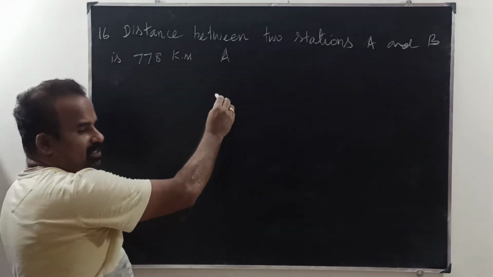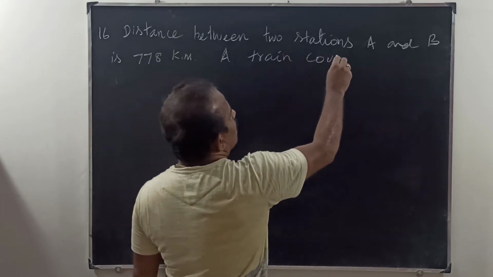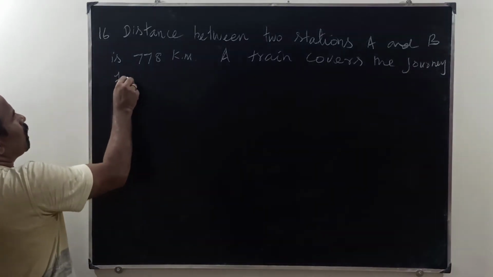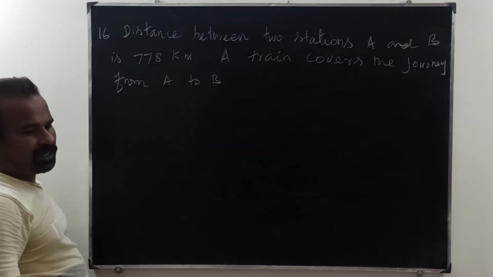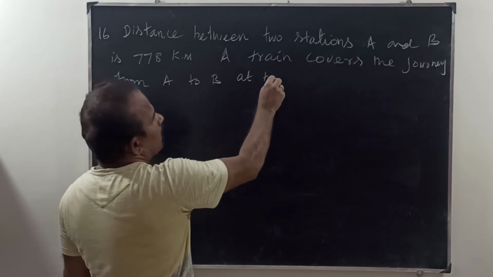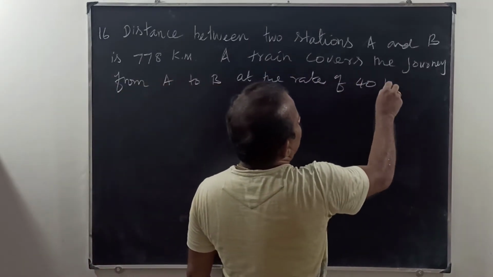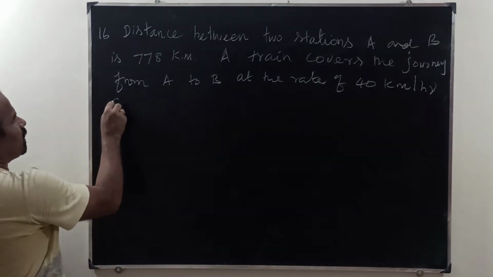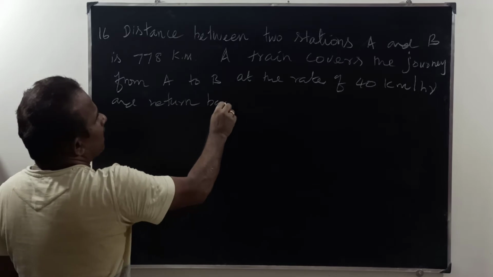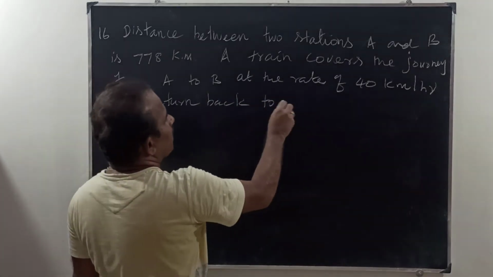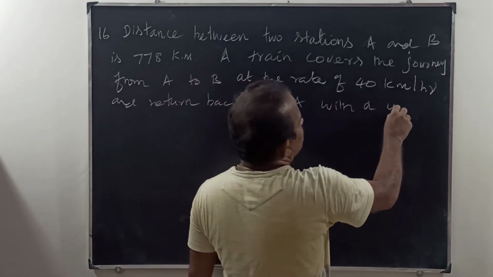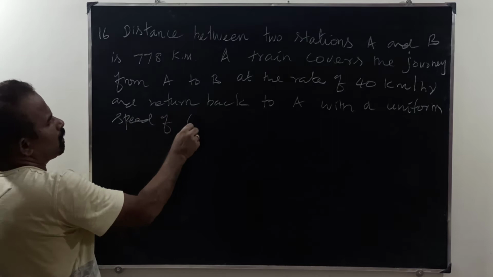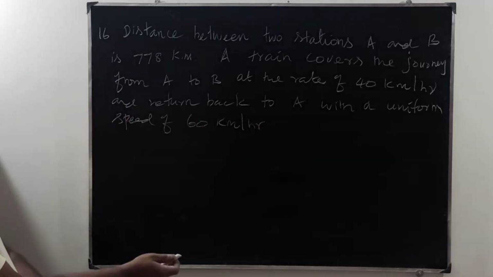A train covers the journey from A to B at the rate of 40 kilometer per hour and returns back to A with a uniform speed of 60 kilometer per hour.